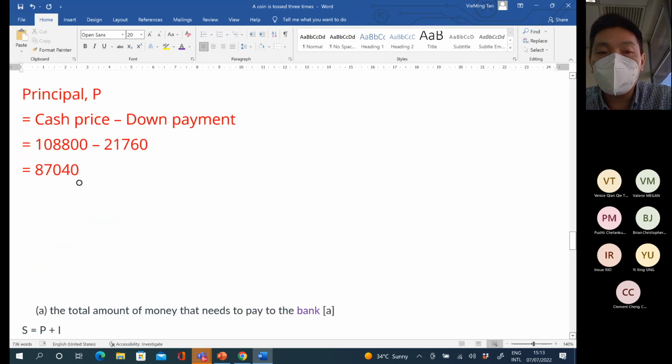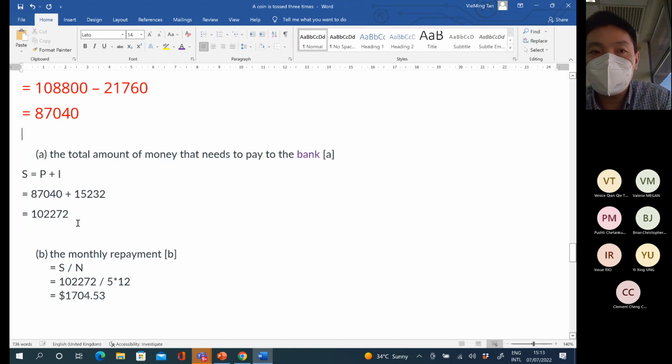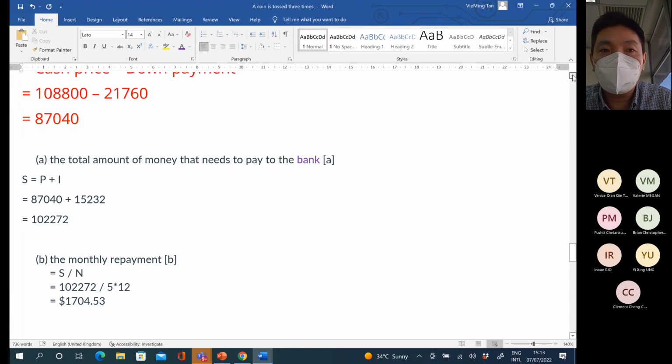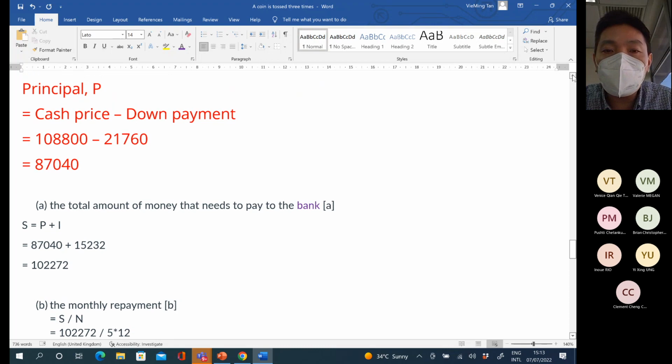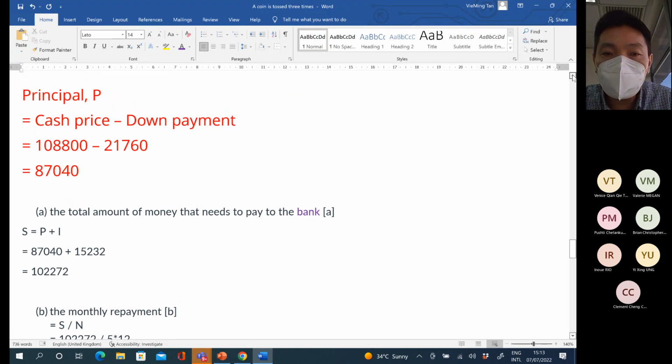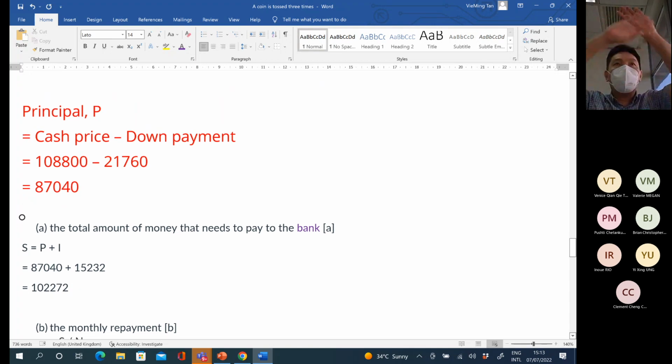So we'll start from part A. Part A is to calculate the total amount of money that needs to be paid to the bank. I highlight this, to the bank. So that means it's the total amount of loan that had to be paid to the bank at the end of the maturity period.